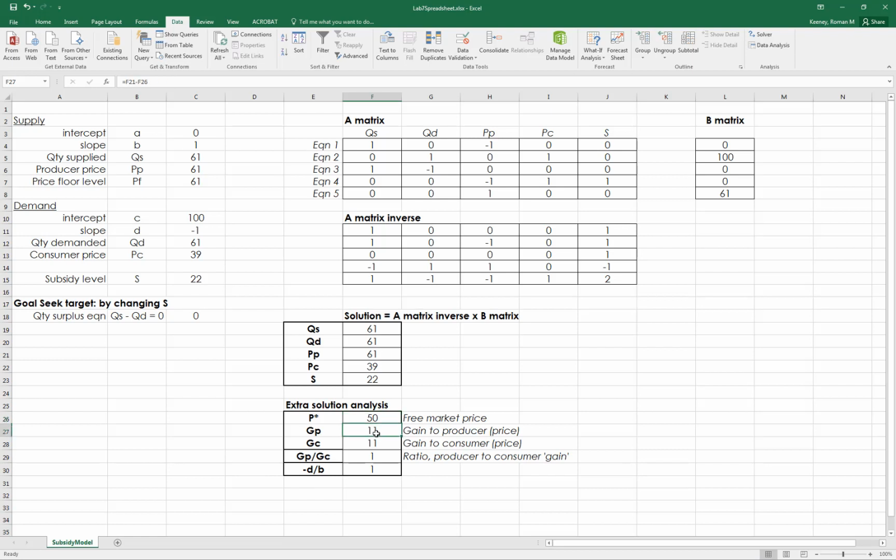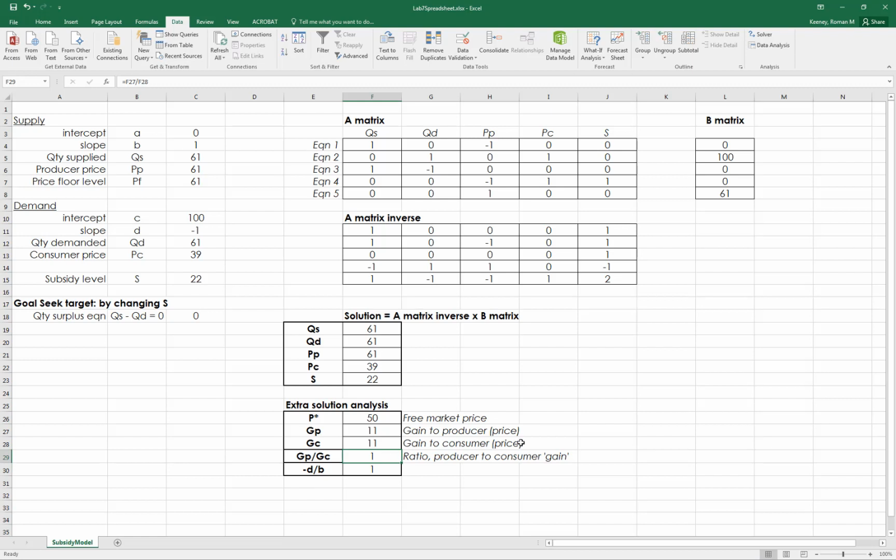And then you could subtract the free market price from the subsidized price to get the gain to producers in price terms. You could subtract from the free market price the price paid by consumers. That gives you the gain to consumers.